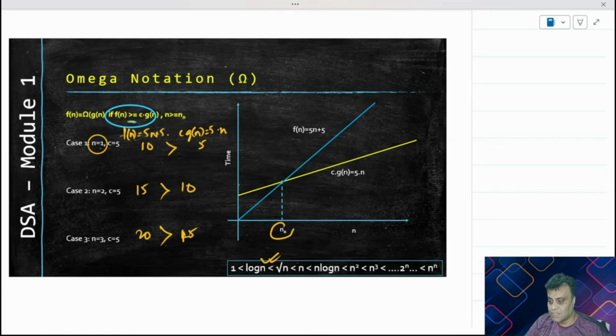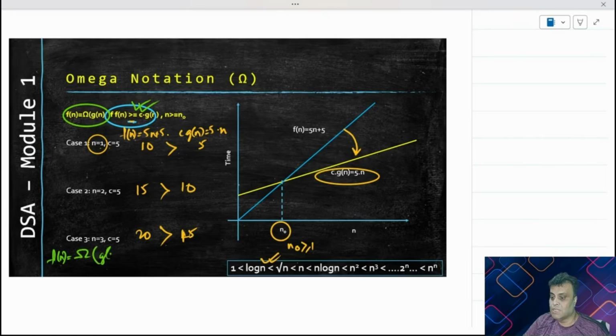That is, here we can say that at n0 greater than or equal to 1, we have this satisfaction that the Cgn will be lower than this Fn. And when we say that it is lower, then we have satisfied this. Because we have satisfied this, we can now say our Fn is equal to big omega, that is a lower bound, of Gn.